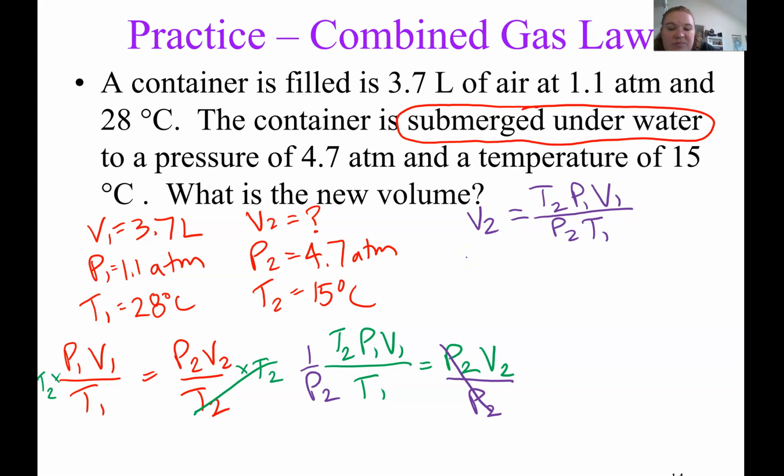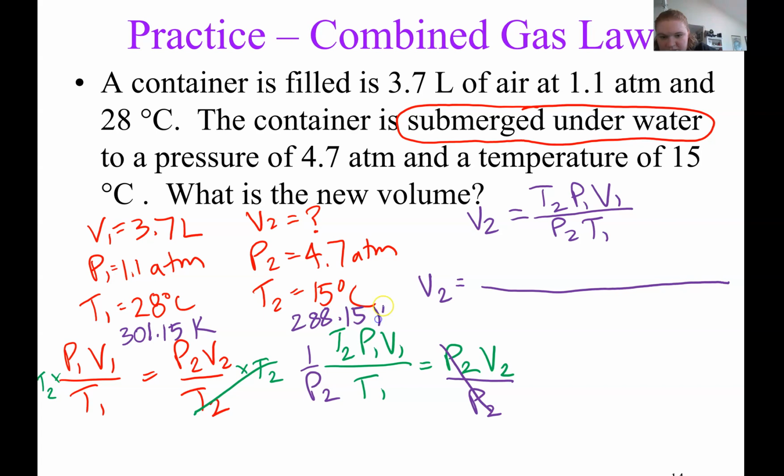So now it's just plugging in all of our numbers. But there is one more thing we need to do. I'm realizing as I say this, our temperatures are in Celsius, and we need to convert them over to kelvins. So I'm going to add 273.15. There we go.